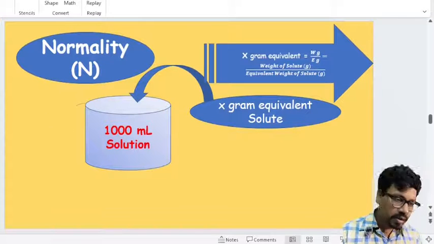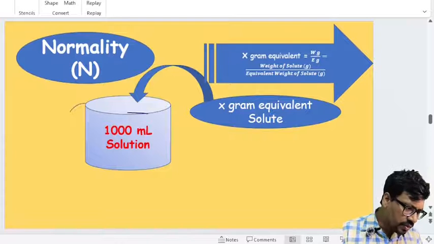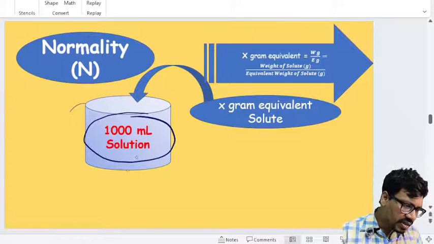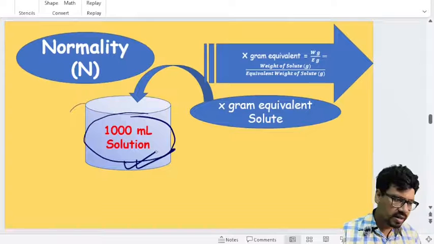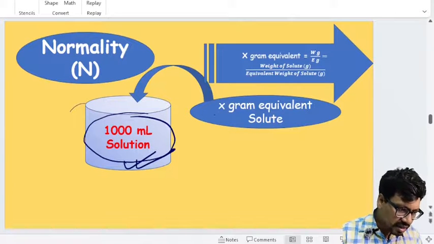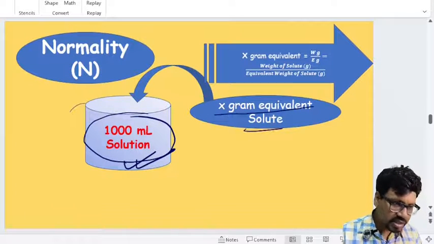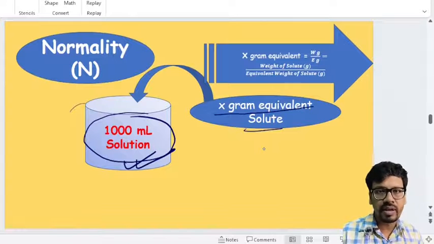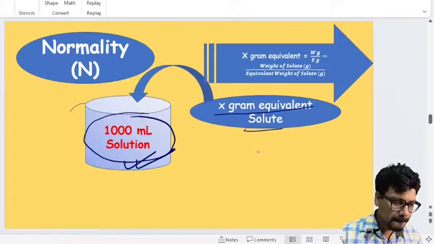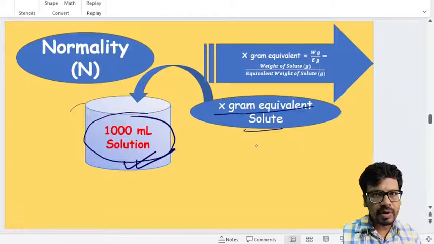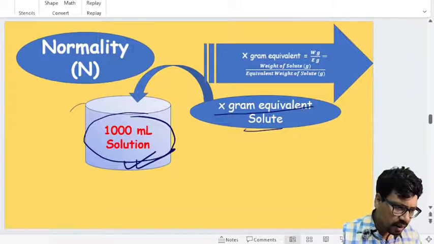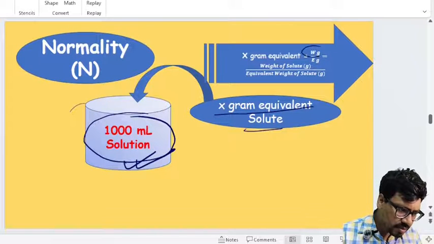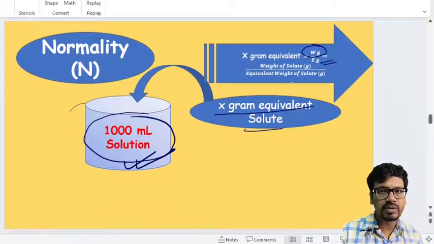The definition of the normality is, in a particular temperature, 1000 ml of the solution contain X gram equivalent of solute. This is very important. X gram equivalent. What is the gram equivalent? That is W, the mass of the solute, divided by the equivalent weight of the solute.